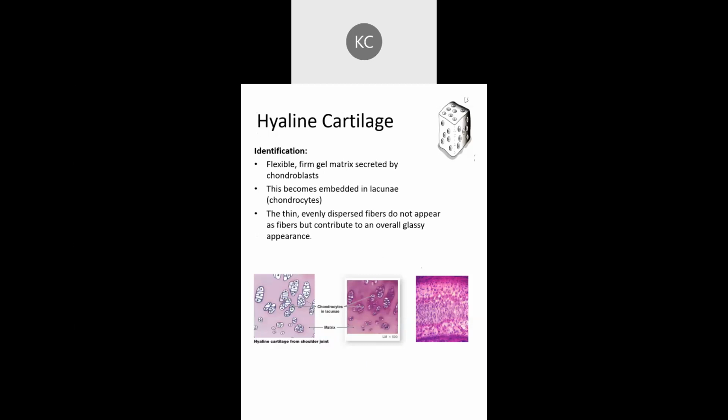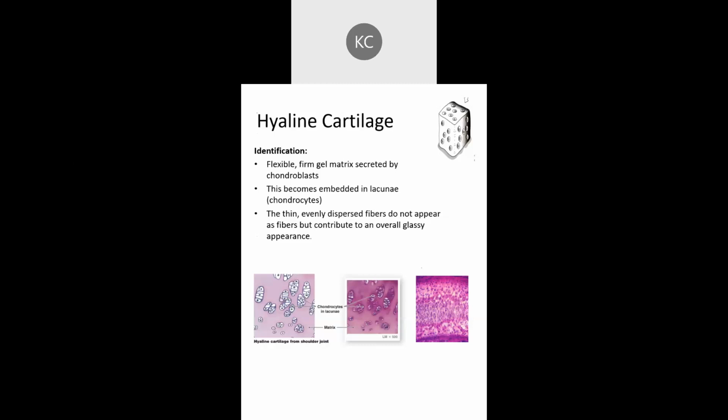So hyaline cartilage is a very firm, but also flexible type of connective tissue. You have lots of lacunae, and these lacunae, as we said in the previous slide, are filled with chondrocytes. These are evenly dispersed, and the background is very clear.